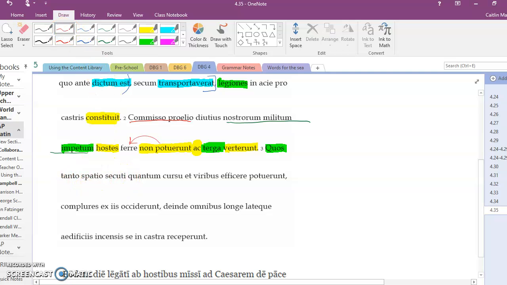And we've got, these are tricky, but we've got this tantum quantum correlative, like the first, it's like as much as. So your tantum quantum means as blank as. So like over tanto spatio, as potuerunt, as they were able to efficere with their cursu and their viribus.